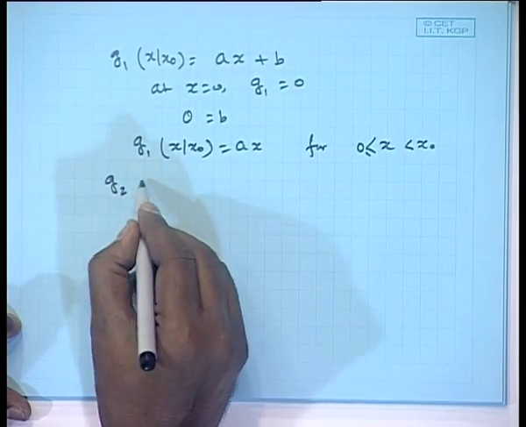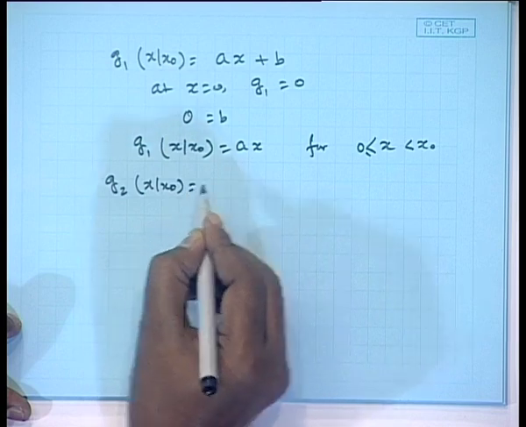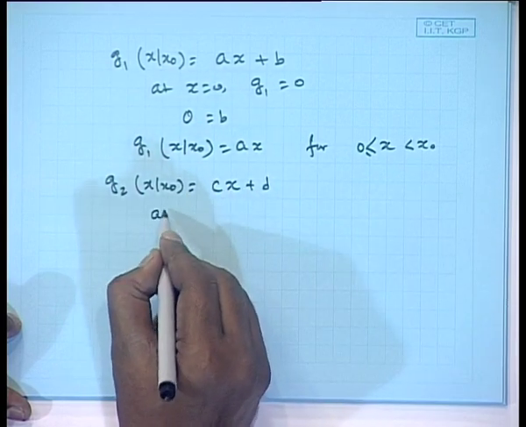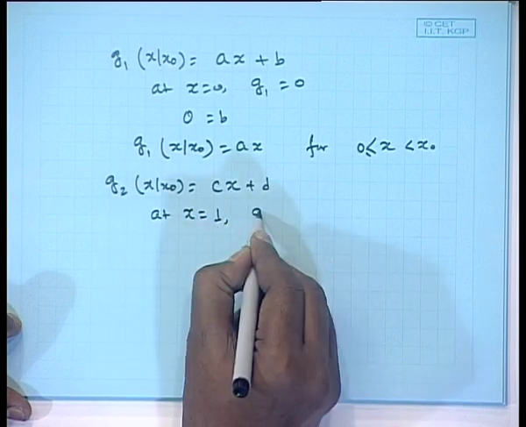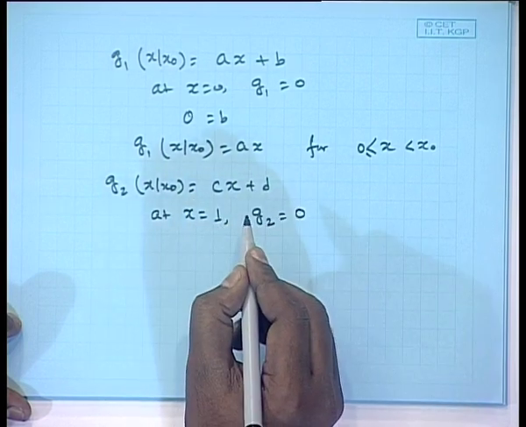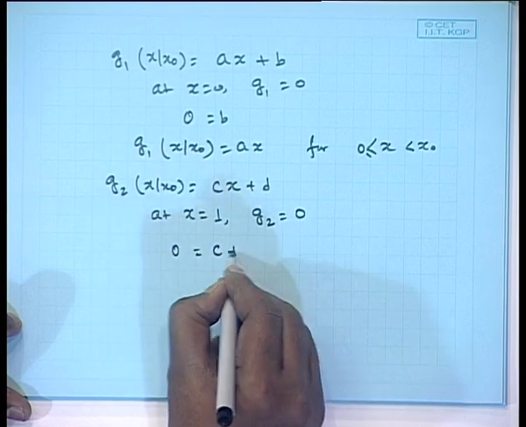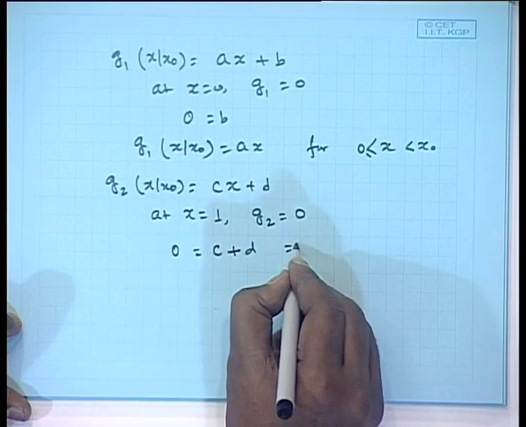For g2 it will be cx plus d, and you know the boundary condition at x equal to 1 your g2 is equal to 0, right. Put that. So, 0 is equal to c into 1 plus d, that means your d is equal to minus c.